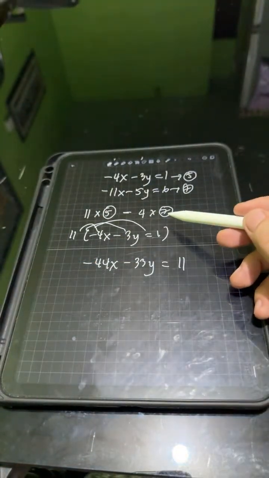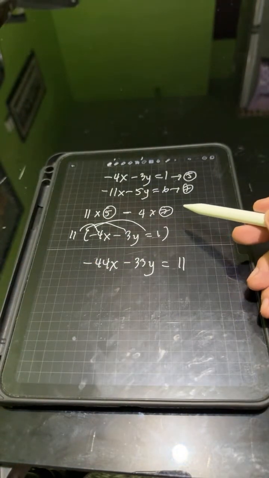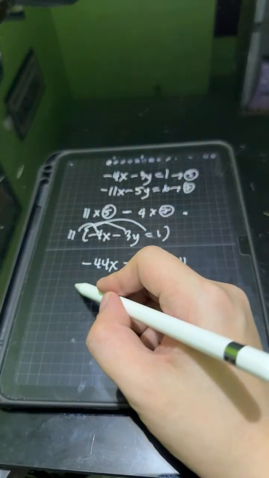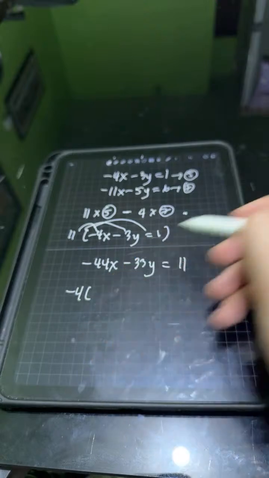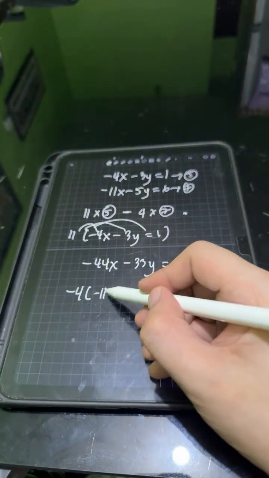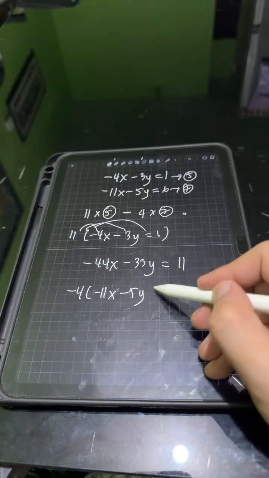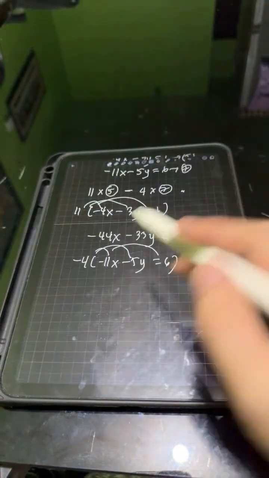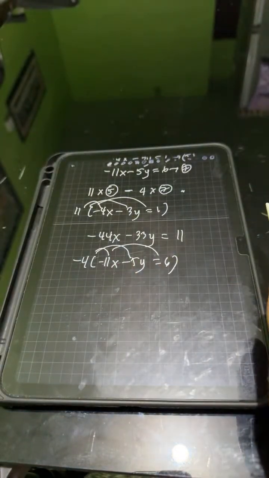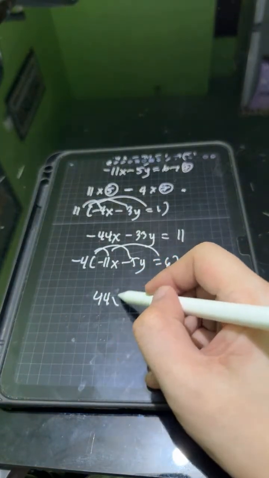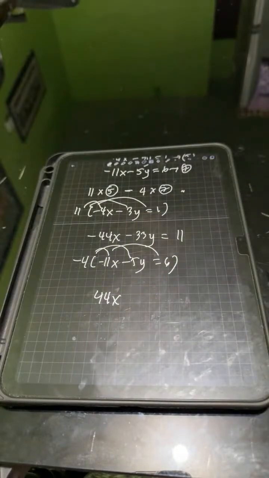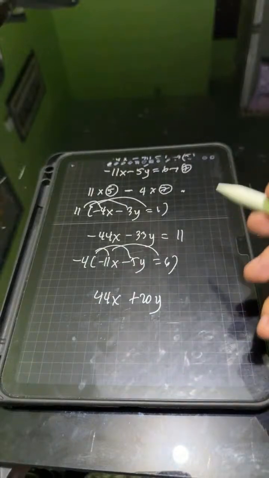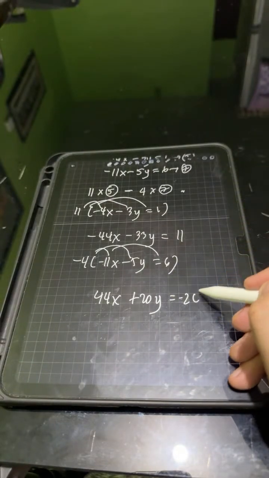And then for equation 7, we multiply both sides by negative 4. So negative 11x minus 5y equals 6. Distribute this negative 4. Negative 4 times negative 11x, positive 44x. Negative 4 times negative 5y, positive 20y. Then negative 4 times 6, negative 24.